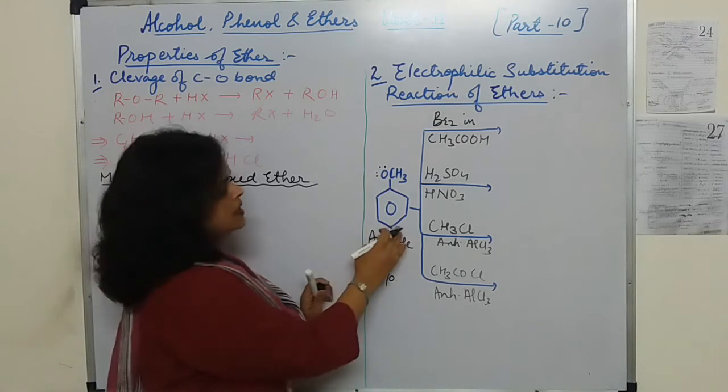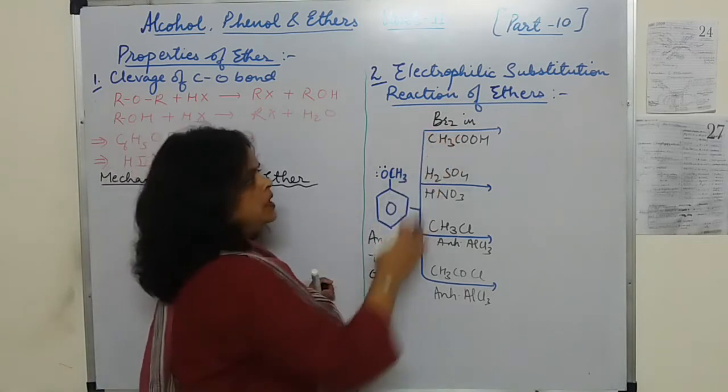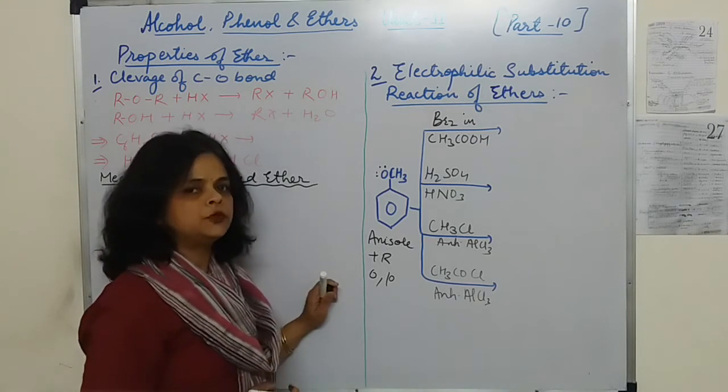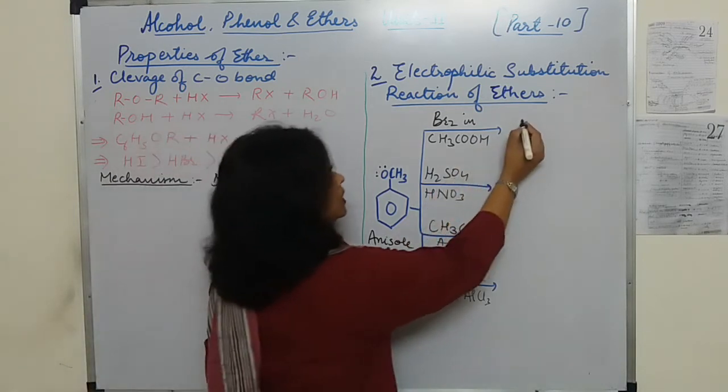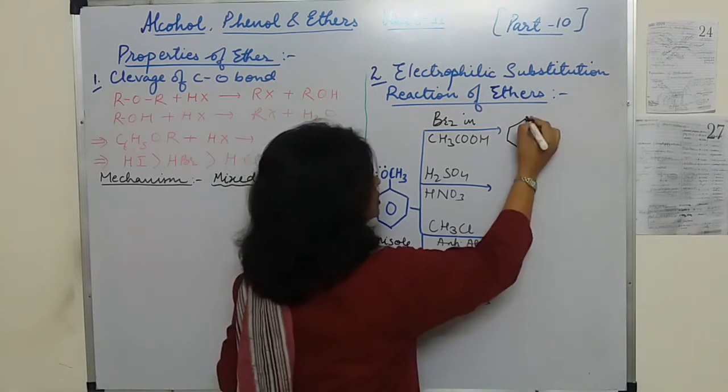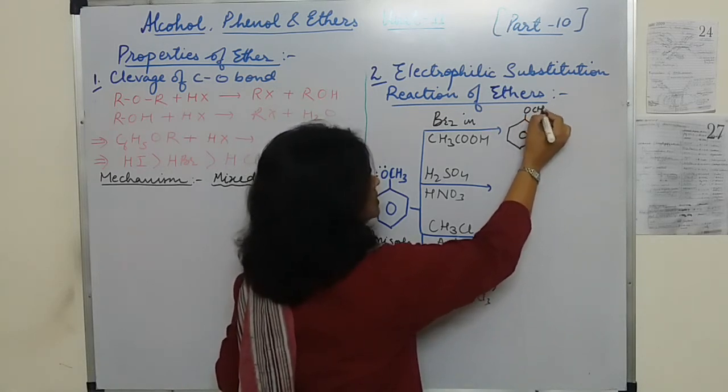First, when this anisole reacts with bromine in acetic acid, it forms ortho and para substituted products. So Br will come at its ortho and para positions. Let's draw their structures. Here we have OCH3.